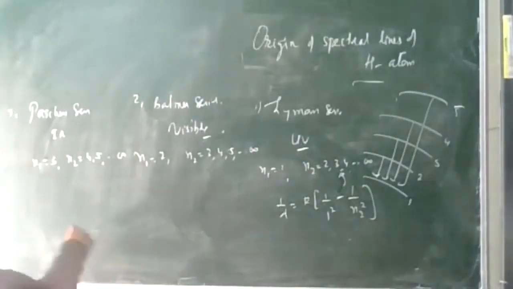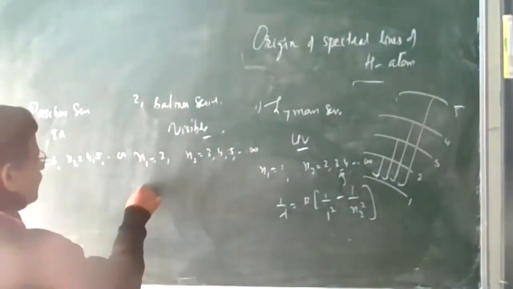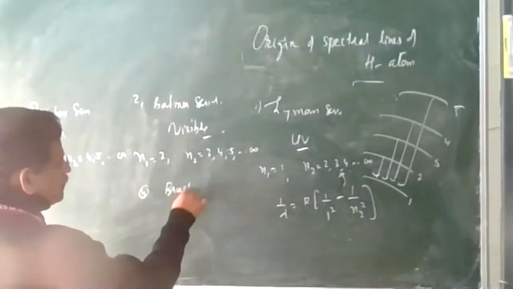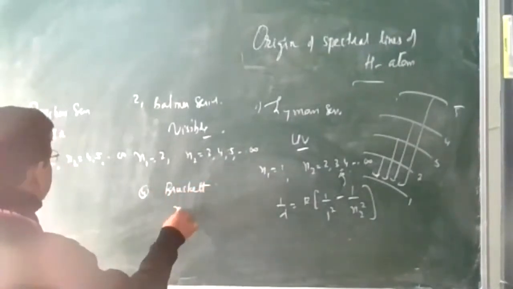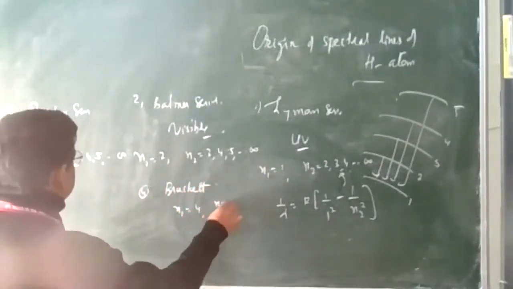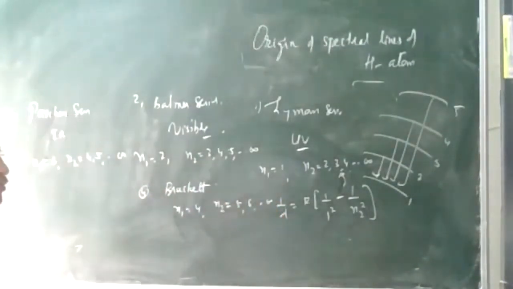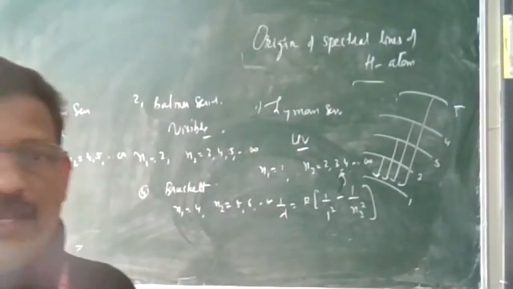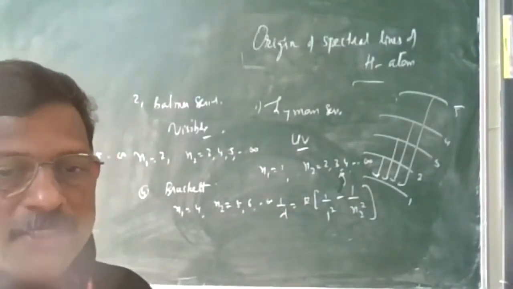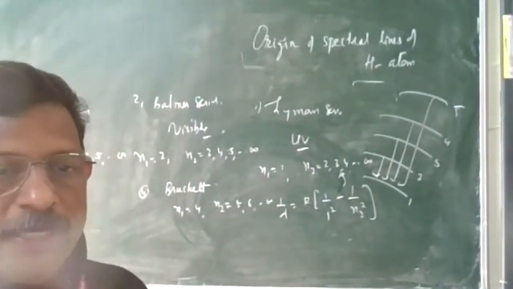And the next one, the fourth one, is the Brackett series. This is available when n1 is equal to 4 and n2 is equal to 5, 6, etc. up to infinity. When an electron jumps to the fourth orbit from any outer orbit, 5, 6, 7, etc., we get a set of rays.